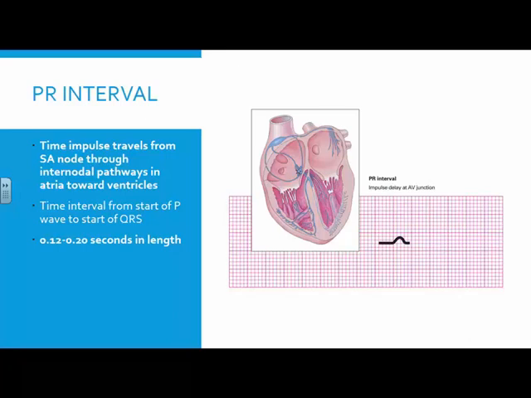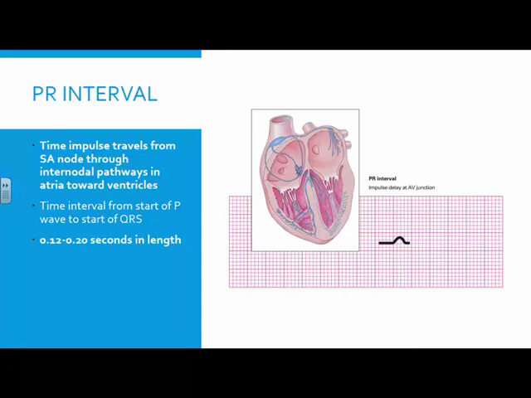So that tells me several things. Well, the main thing it tells me is how long it is taking for that SA node impulse to go through the atria, be held up at the AV node, and then be released into the ventricle. All right. So what we're actually looking at here, 0.12 to 0.20, is the length of time of impulse delay at the AV junction.